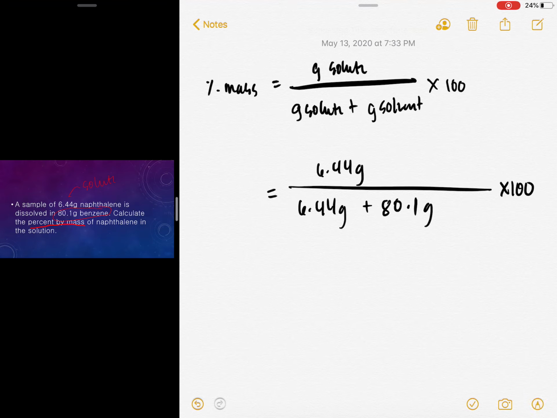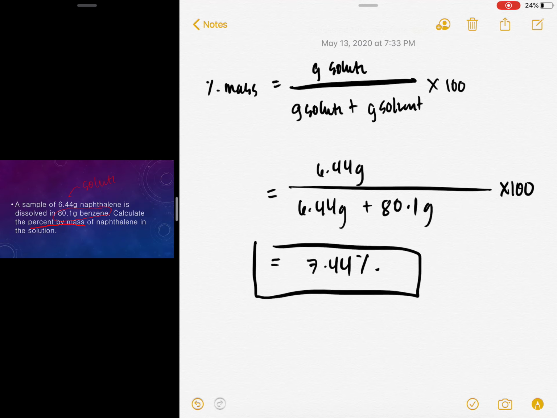So, 6.44, input na yan sa calculator, plus 80.1 times 100. So the percent by mass here is 7.44%. Okay. Napakadali, di ba? So this is percent by mass, sorry. Ayan. It's very easy. Very, very easy.